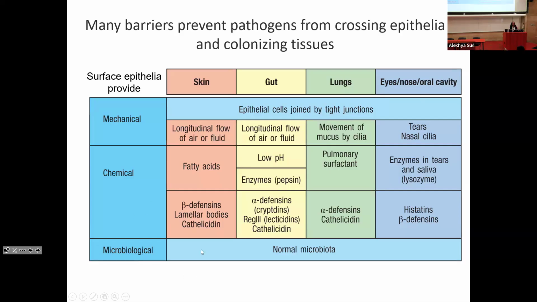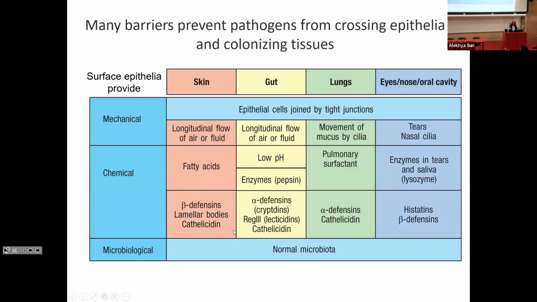There are also chemical barriers, which include fatty acids, antimicrobial defensins, the low pH in the gut, pulmonary surfactant in the lungs, and various defensins present in the lungs, the skin, the gut, and the oral cavity. Enzymes in tears and saliva also contain what's called lysozyme, which can cleave bacteria and kill them.